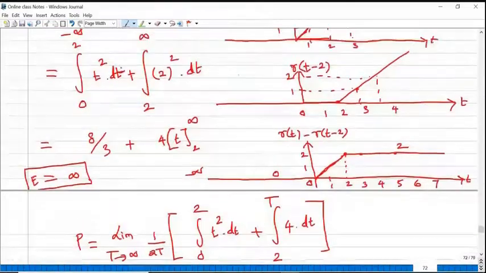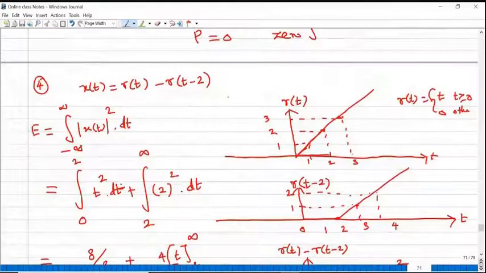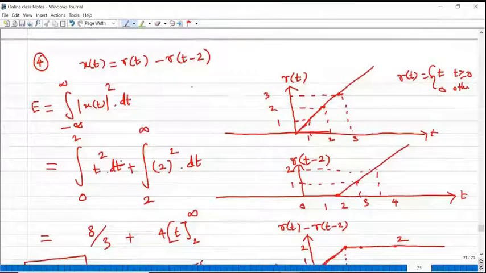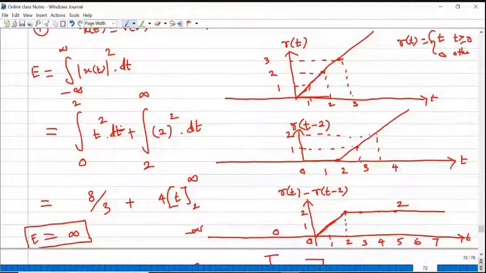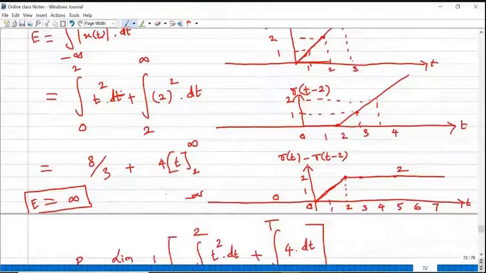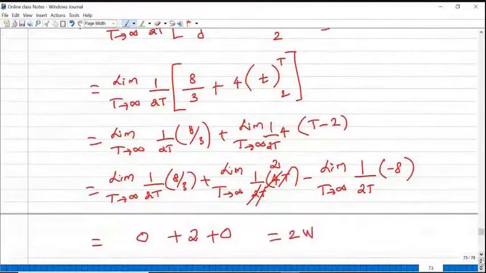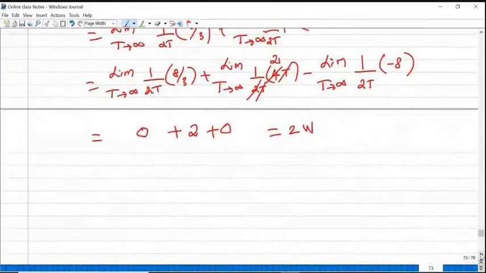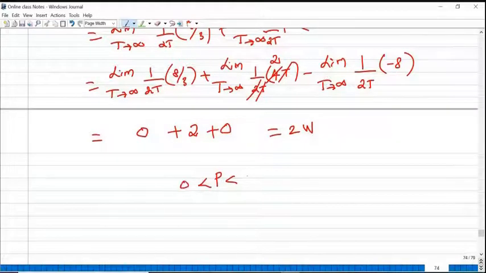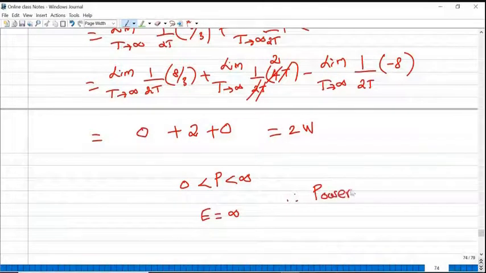The given signal is r of t minus r of t minus 2. This is not a periodic signal, but as per the definition, we solved the energy of the signal, that is infinite, and we solved the power of the signal, that is finite. So power is finite and energy of the signal is infinite. Therefore, the given signal is a power signal.